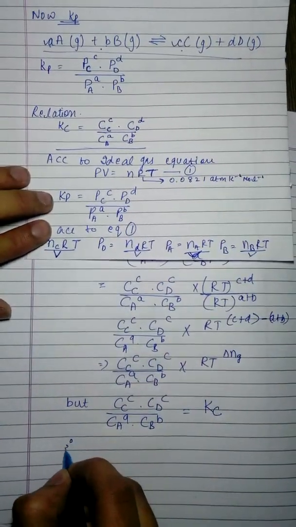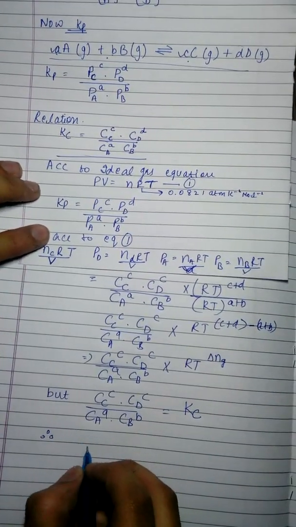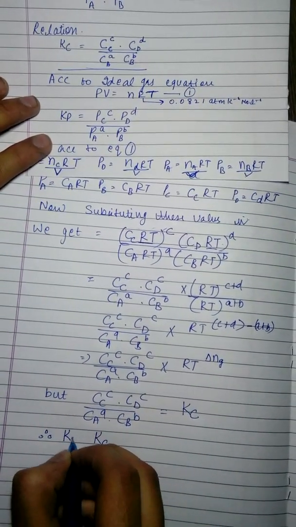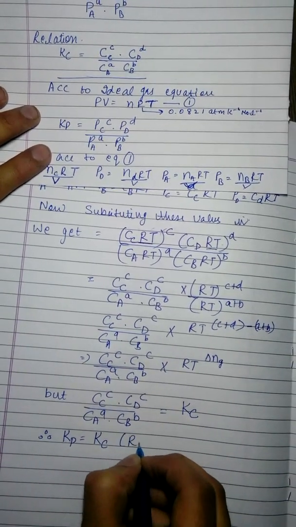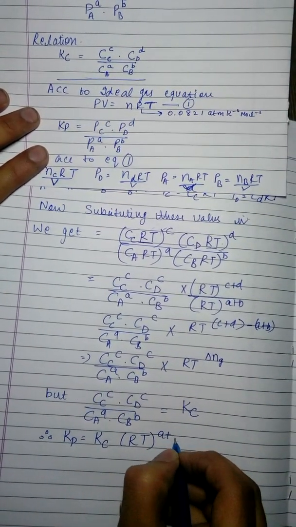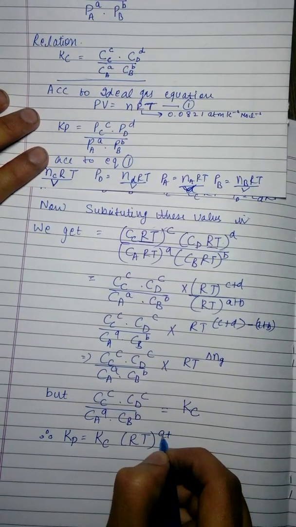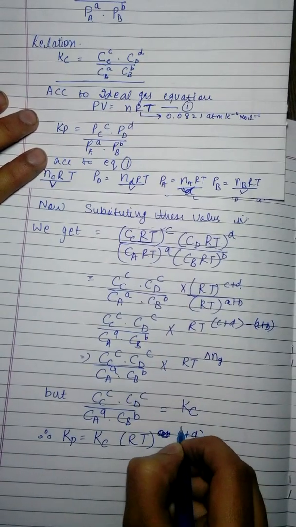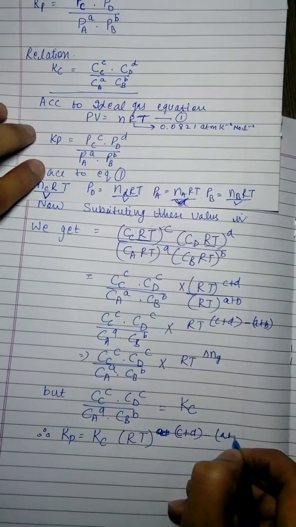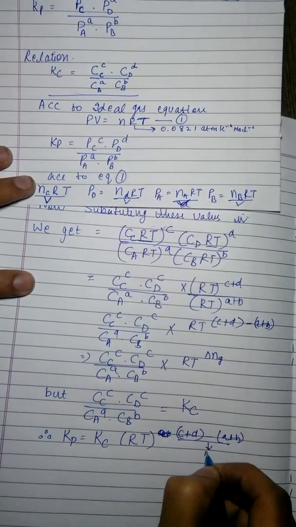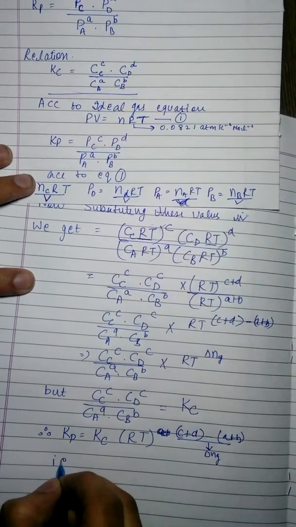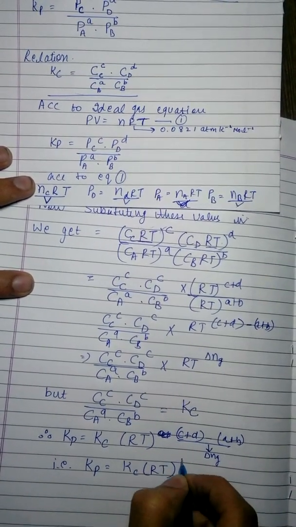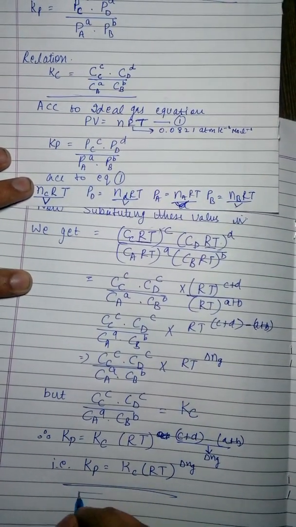Therefore, Kp equals Kc RT raised to power c plus d minus a plus b. Here this is delta ng, that is Kp equals Kc RT raised to power delta ng. Henceforth.